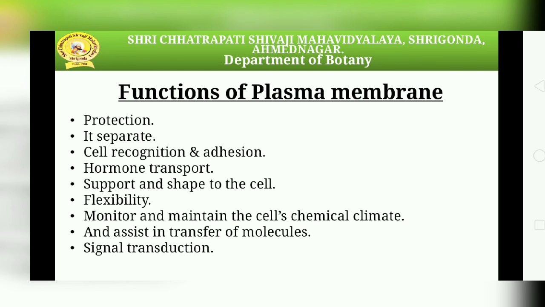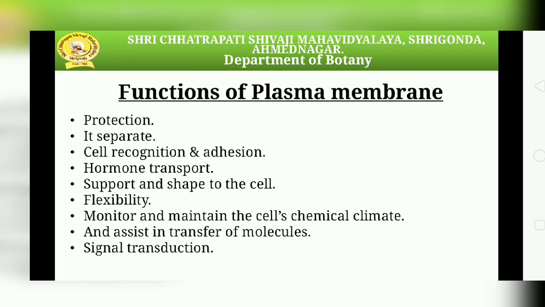Next, what are the functions of the plasma membrane? It separates the contents of the cell from the outside environment. It protects the integrity of the interior of the cell by allowing only selected substances to enter the cell with the help of the lipid bilayer. It also provides support and shape to the cell.